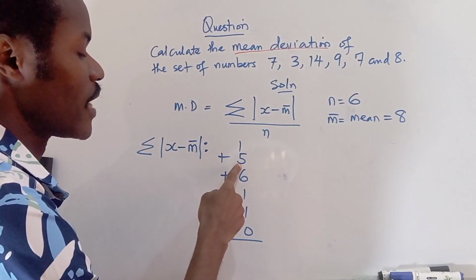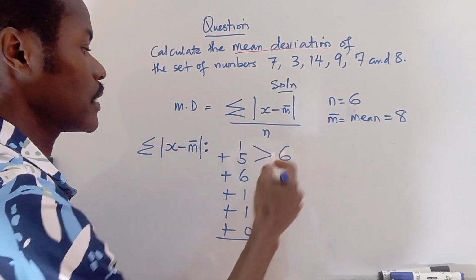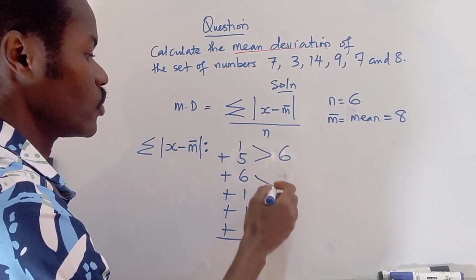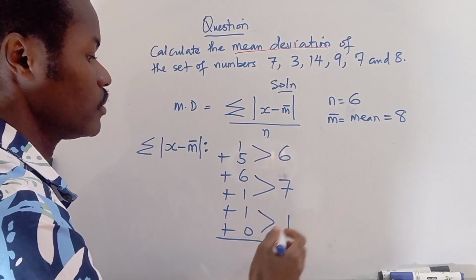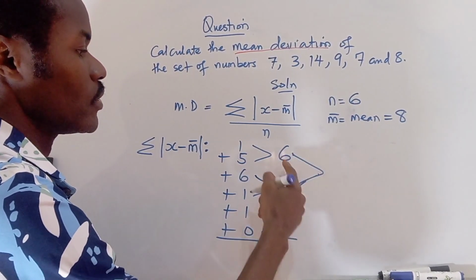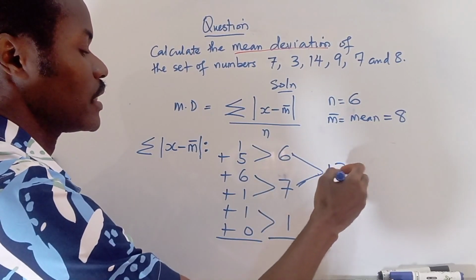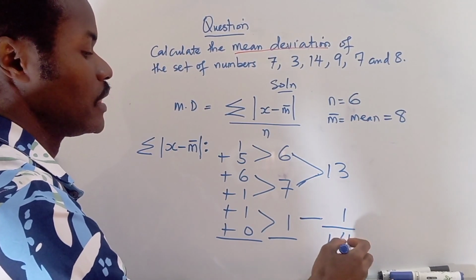So 1 plus 5 is 6. 6 plus 1 is going to give us 7. 1 plus 0 is going to give us 1. So now we are still going to add further. So 6 plus 7 is going to give us 13. So 13 plus 1 is going to give us 14.